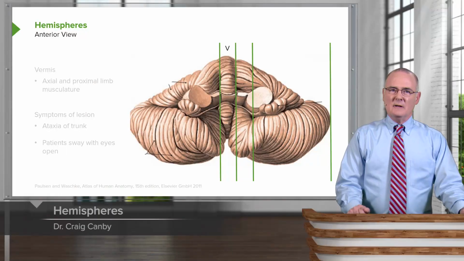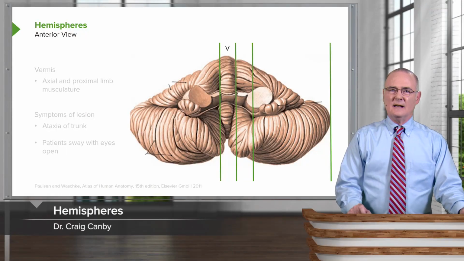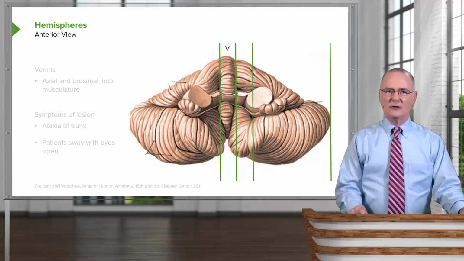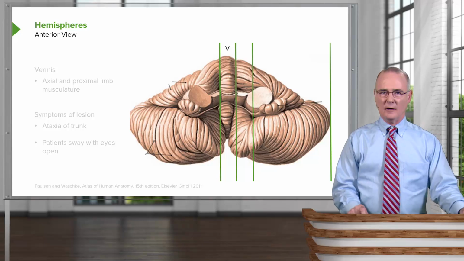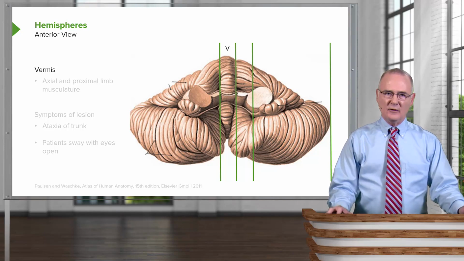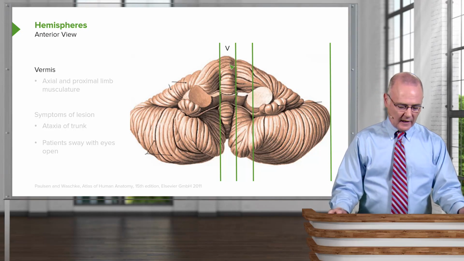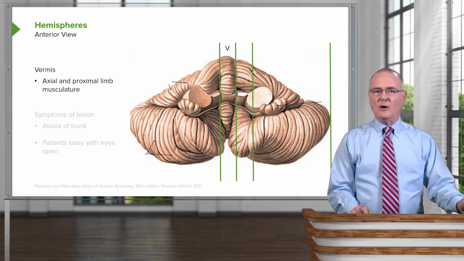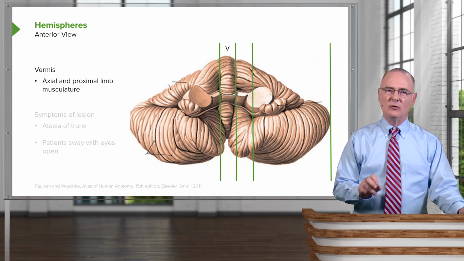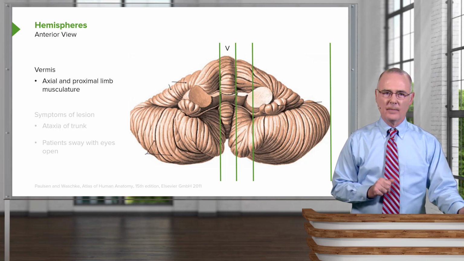The cerebellum can also be divided into hemispheres. And we're going to use that same anterior view to identify the various hemispheres of the cerebellum. There are 3. The first is the vermis, which is located right in through here. This is involved in controlling the axial and proximal limb musculature.